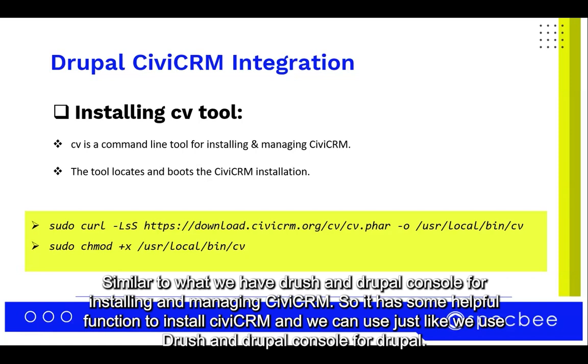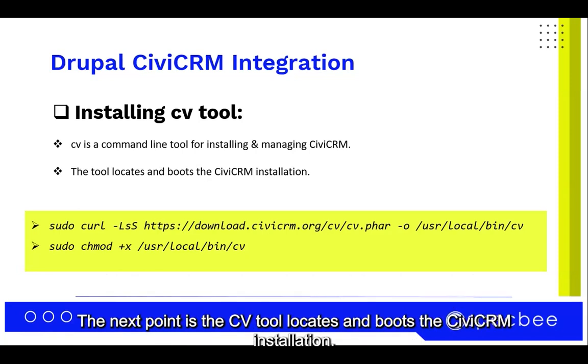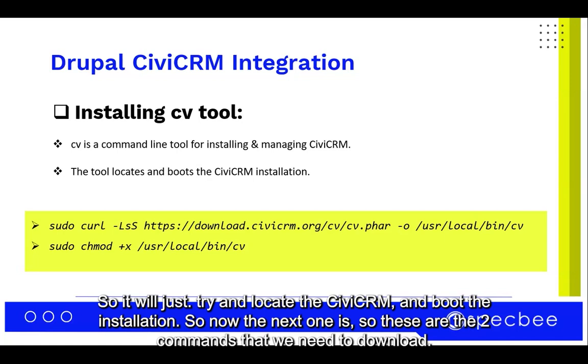It has some helpful functions to install CiviCRM, and we can use it just like we use Drush and Drupal Console for Drupal. The next point is that the cv tool locates and boots the CiviCRM installation. So it will try to locate CiviCRM and boot the installation.